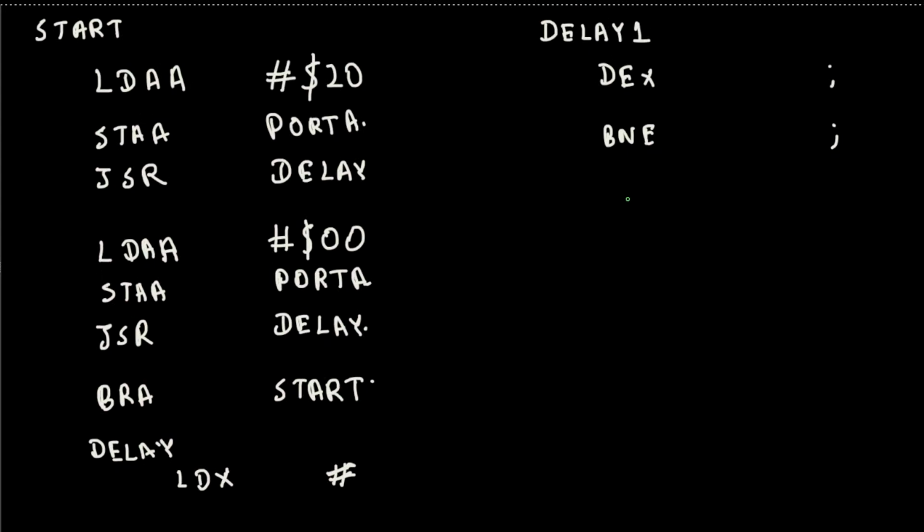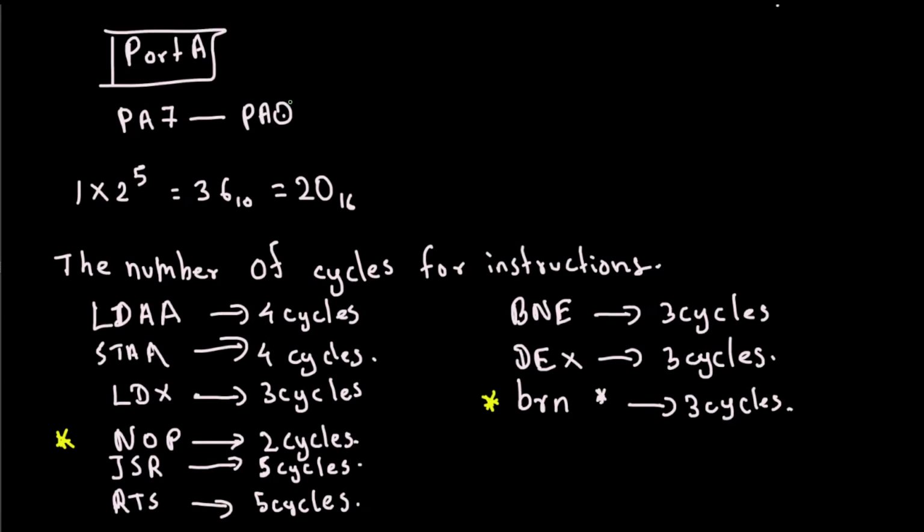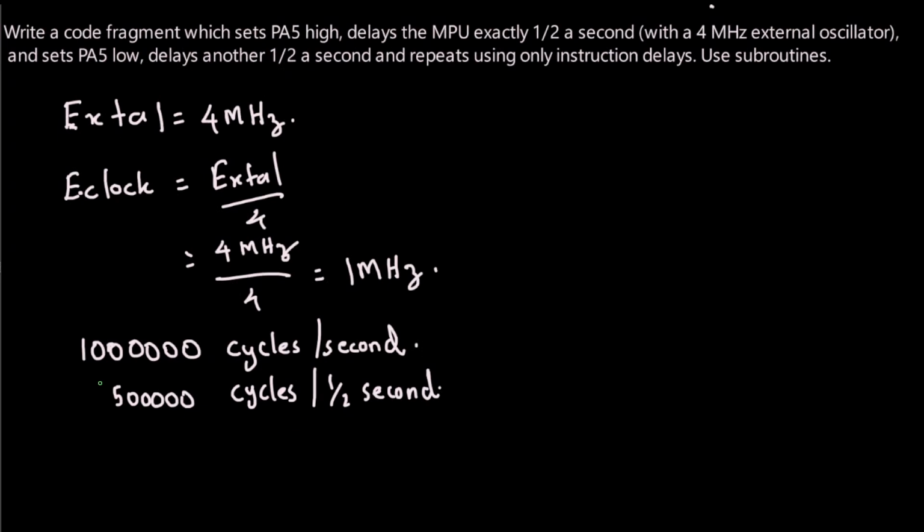And then there are 2 instructions you may have to use. Let's say you're putting a number and doing this, and if it doesn't satisfy the cycles required, the cycles we need to derive is 500,000. This is the cycles we are trying to achieve.